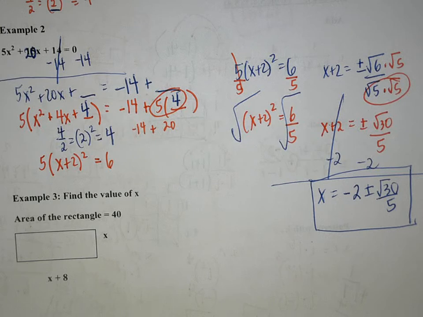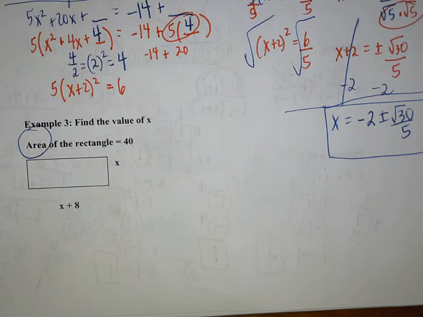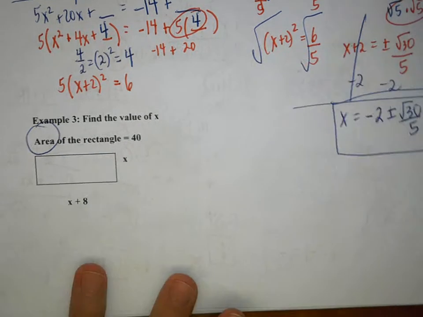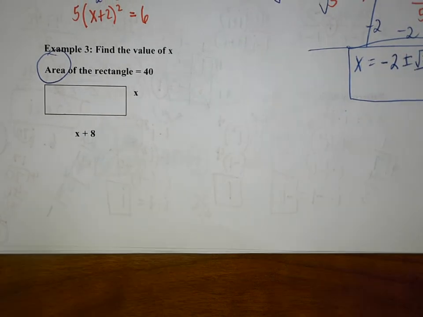Okay. Example 3. It tells you that the area of the rectangle is 40. When you're finding area, what are you doing? Good. You're multiplying your length times your width, or your length times your height, whatever you say there. So how would we write this problem?